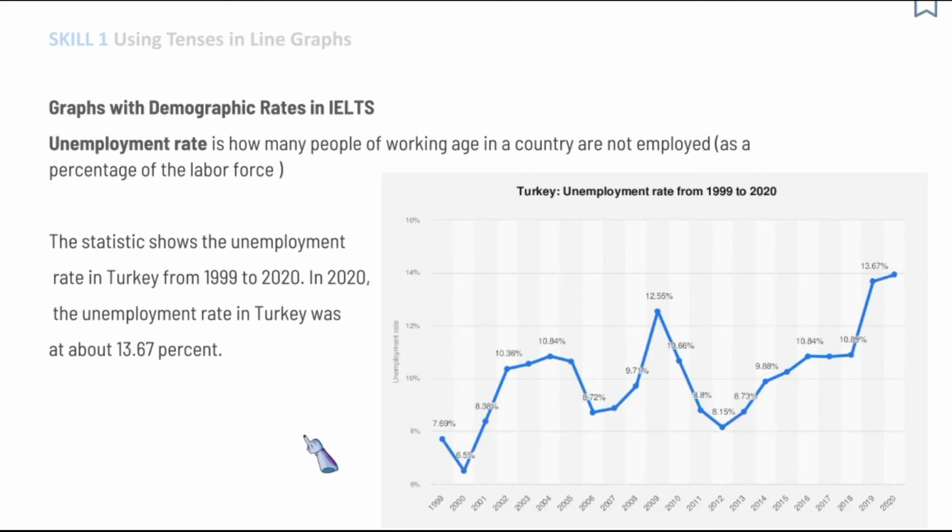Unemployment rate is also possible to see in IELTS visuals. And as you can guess, this is how many people of working age are not employed. Here we are looking at the line graph about Turkey, about Turkish unemployment rate.